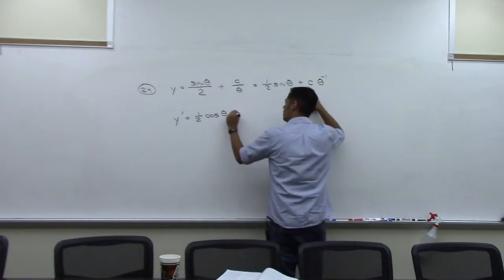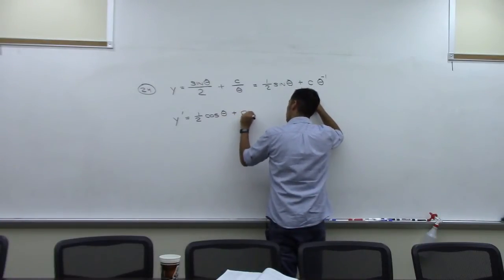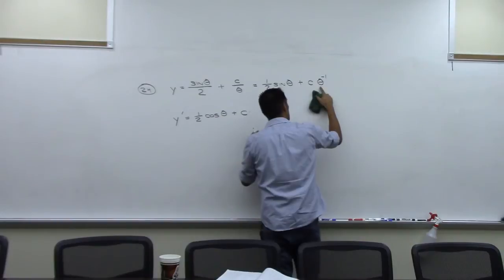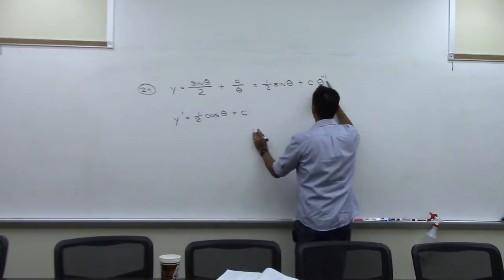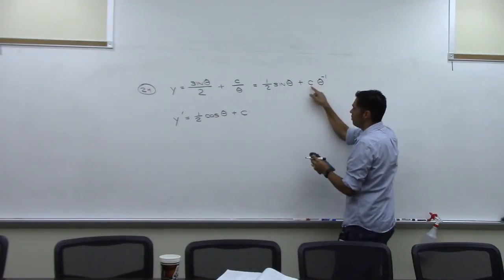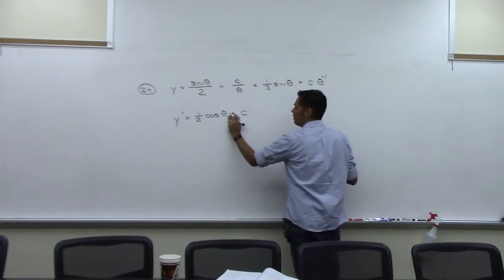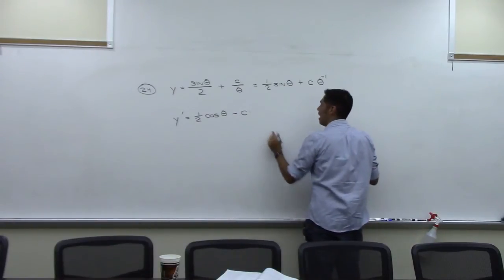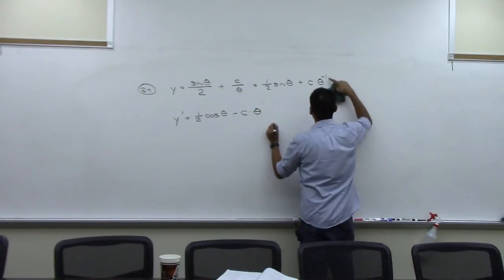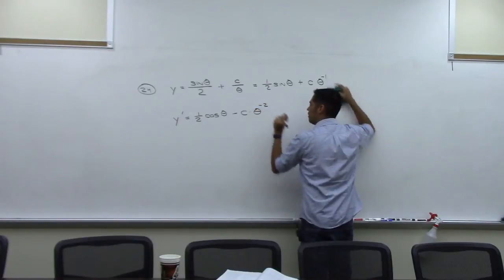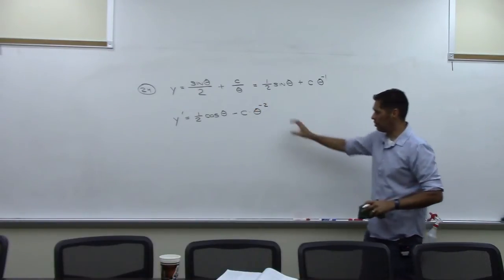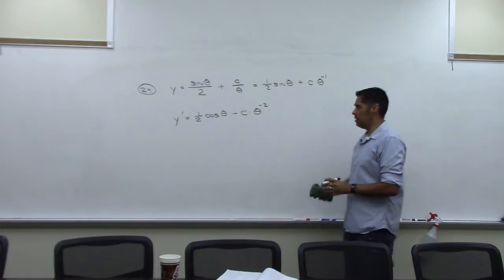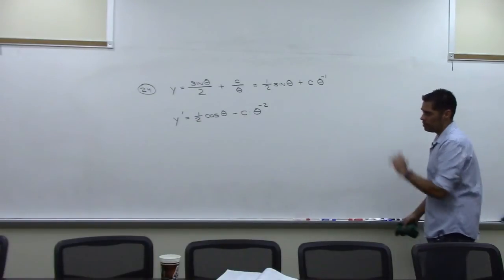And then plus c, my constant comes for the ride. Negative 1 comes out, so this negative 1 drops out and multiplies times the c. I'd make it negative c. And then I get theta, and I subtract 1 from negative 1, I get to the negative 2. And that's it. You could drop the theta back underneath, the c over theta squared, but I'll just leave it there.